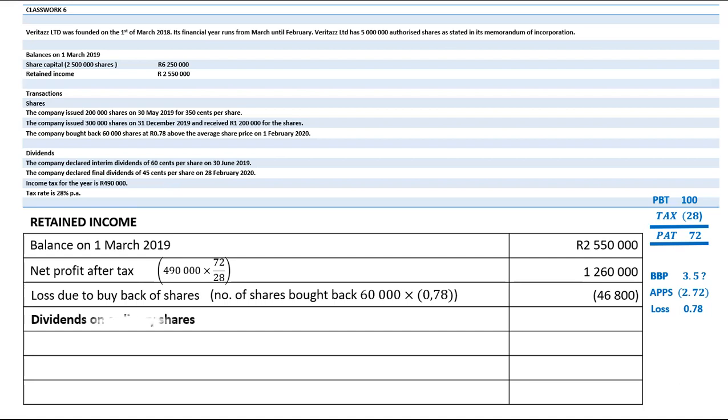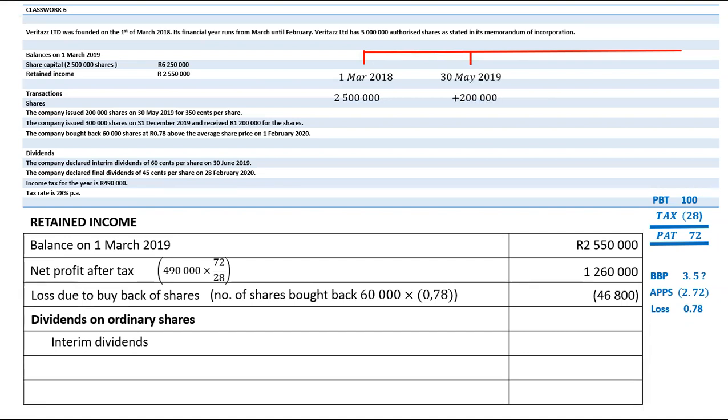Now we have to calculate dividends. Your interim dividends, they said it's 60 cents per share. It was declared on the 30th of June 2019. Now that's a problem. We need to figure out how many shares were issued by the 30th of June 2019. You need the timeline. We had 2.5 million at the beginning of the year. We issued 200,000 on the 30th of May. So when you add the two, it'll give you the total number of shares issued.